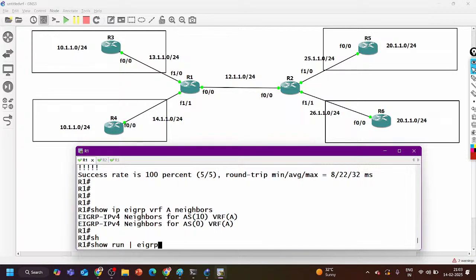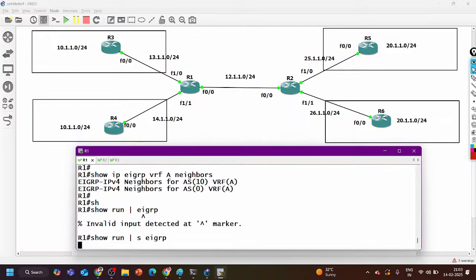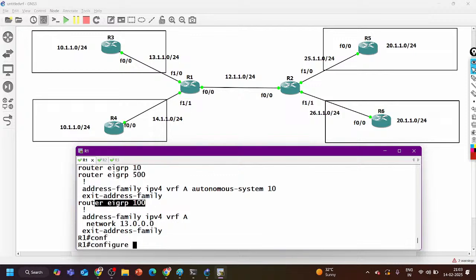Then EIGRP. Oh my, here I am running EIGRP AS number 500, and I have advertised the network in 100. Yes, so this is router EIGRP 100.